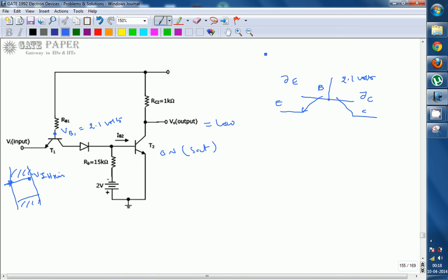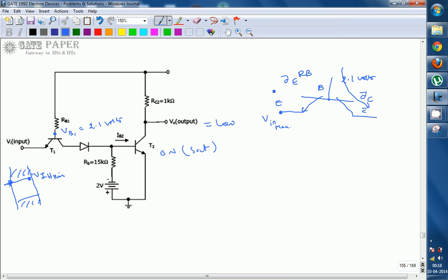To make T2 into the on condition, current must flow in this direction only. By that time JE must be reverse biased. So how much voltage you can apply across this, that must be VI maximum, such that the emitter base junction is reverse biased and the current flows through the collector base junction, which makes transistor T2 in on condition.